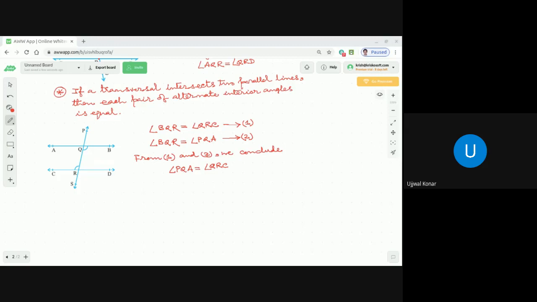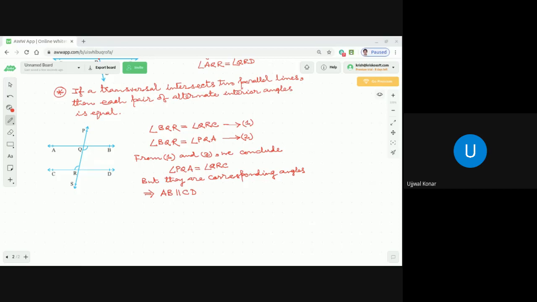They are corresponding angles, so definitely we can say AB is parallel to CD. So that we can conclude from the converse of the corresponding angles axiom.